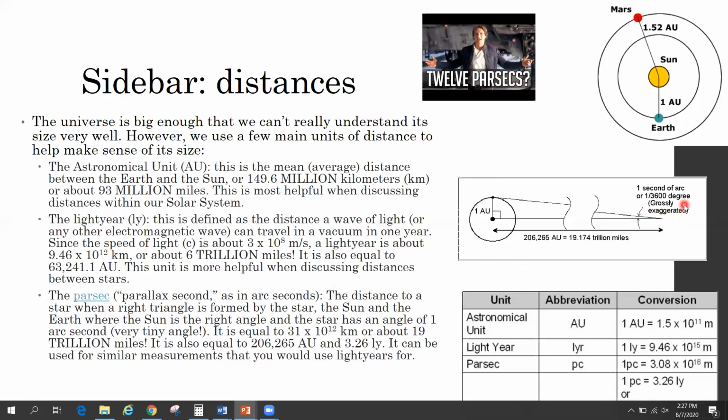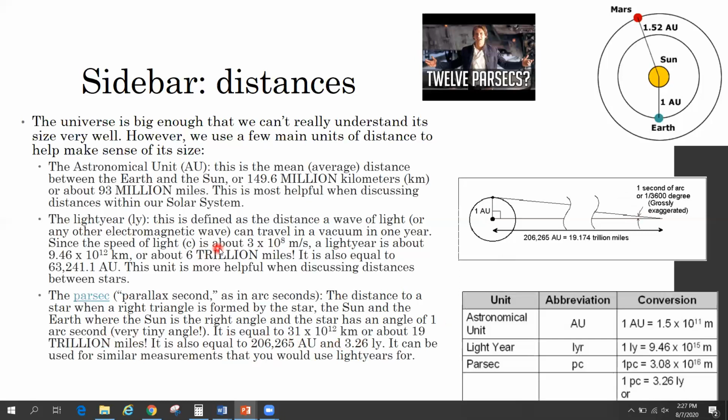Don't forget that. 1 arc second, we said, was about 1/3600th of a degree. And so that distance from that star to the sun, if it produces a parallax angle of just 1 arc second, that's equal to 31 times 10 to the 12th kilometers, or about 19 trillion miles.